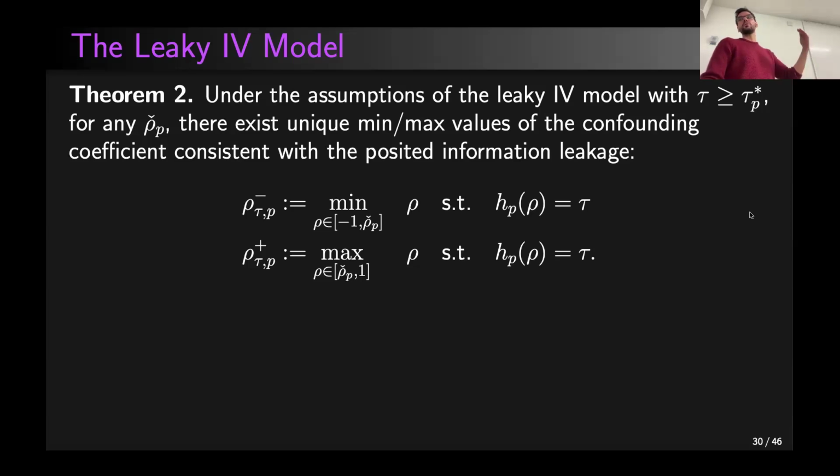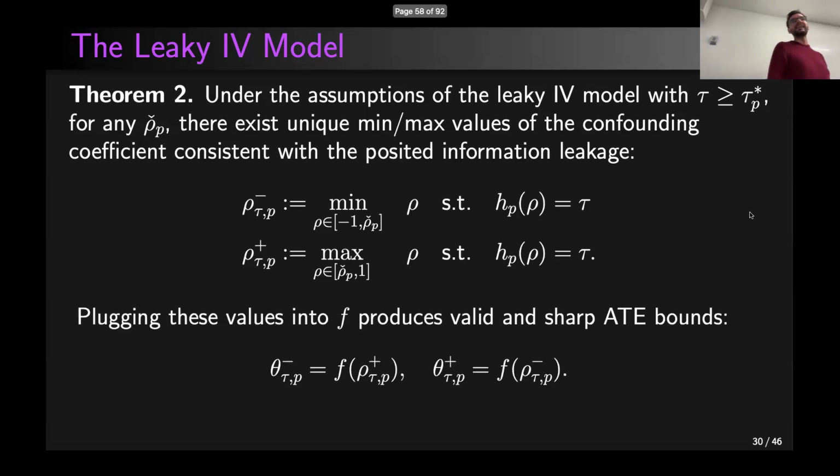We're going to have a rho minus and a rho plus with respect to some tau and p, defined as the min-max over these different ranges of rho such that we intersect. Then if I plug those into f, the function that was defined in lemma 1, I will get my bounds. And because f is a decreasing function, I get the minimum for theta at the maximum for rho and vice versa.